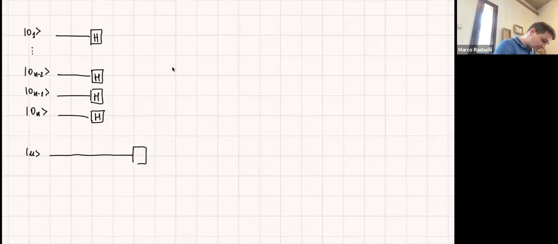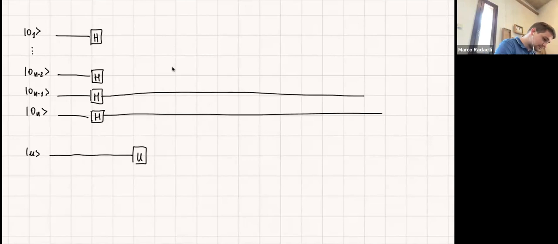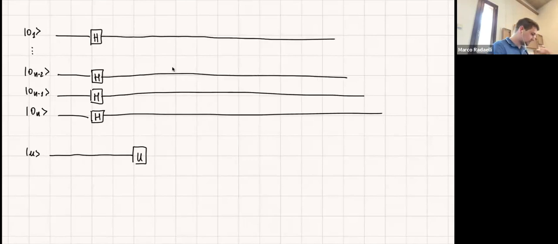Now, since we are able to perform a controlled unitary, let me draw this here. We can perform a controlled unitary here, another controlled unitary here, but now it's U to the second, and another one here, but now it's U to the fourth.